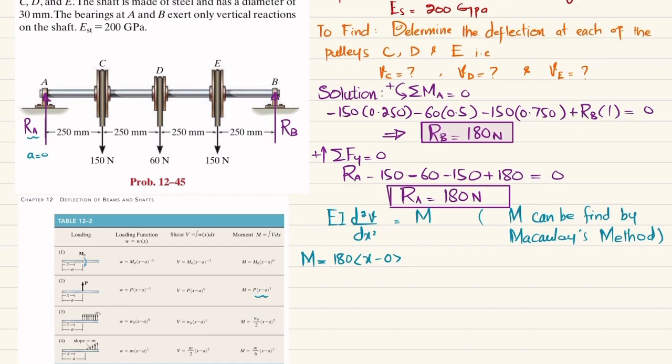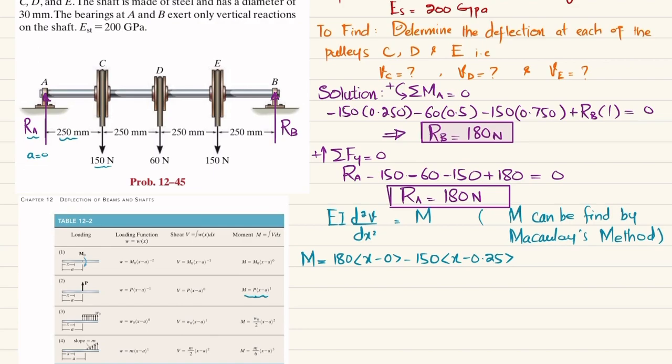Now we'll move toward the second force, which is minus 150. This moment will be negative, because the moment is positive for upward, so for a downward force it will be minus. So 150 into x minus, now A is 250, which in meter is 0.25, power 1.